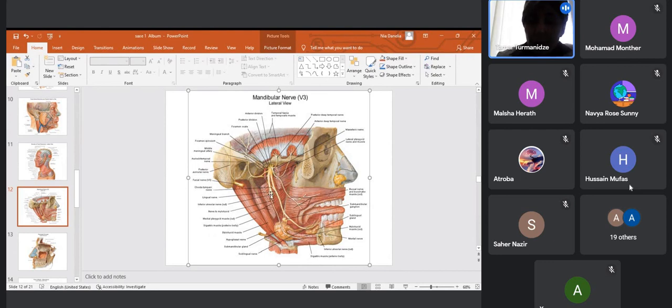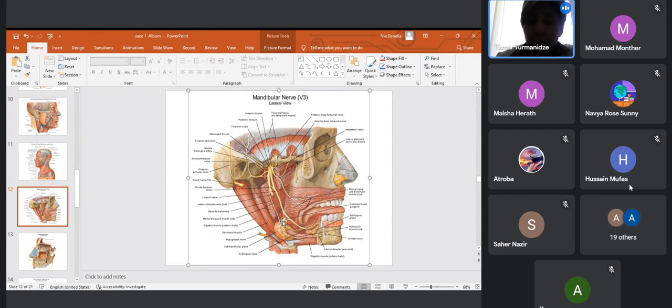Also, from the posterior division comes the inferior alveolar nerve, which supplies the teeth of the mandible, and before it enters the mandibular foramen, it gives off one motor branch. This is the mylohyoid nerve.